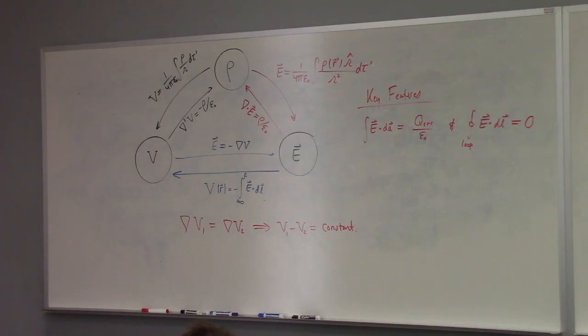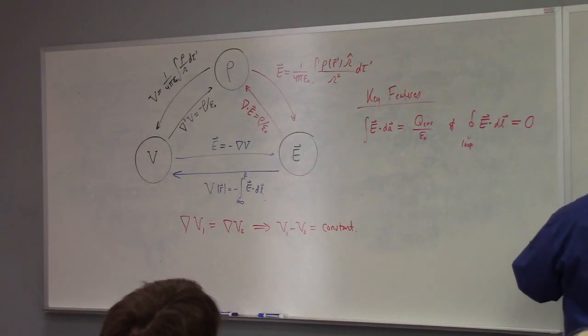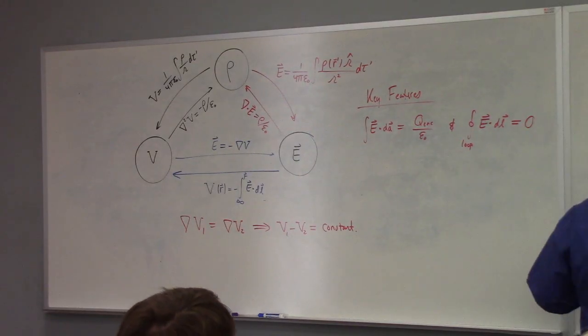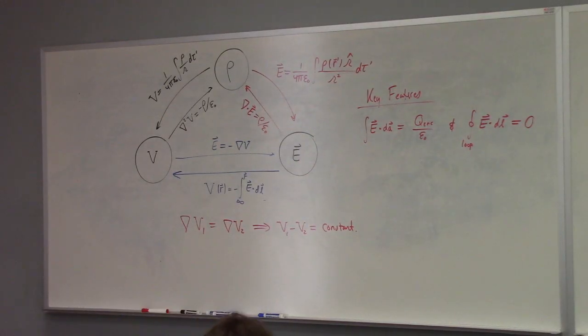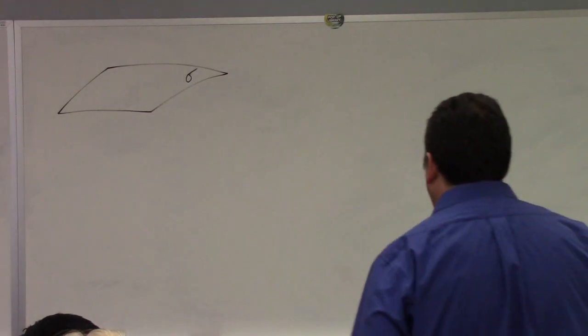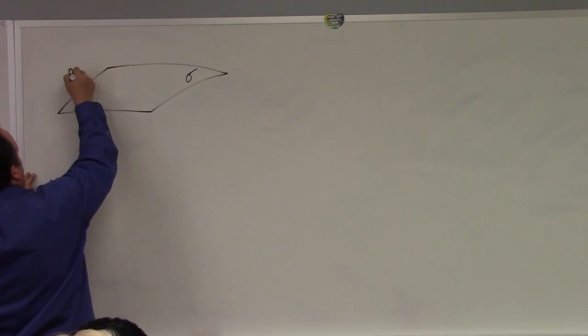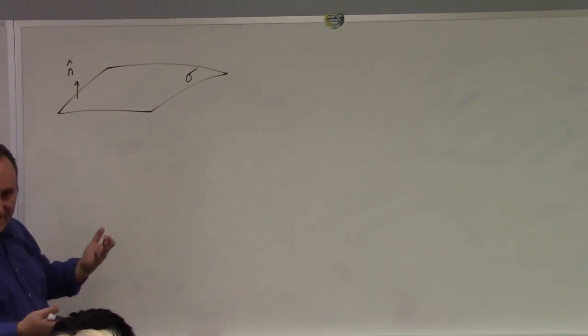All right, so think about this. We've got a surface with charge density sigma. What's the deal with the electric field above and below that surface? Let us suppose that this is the above.